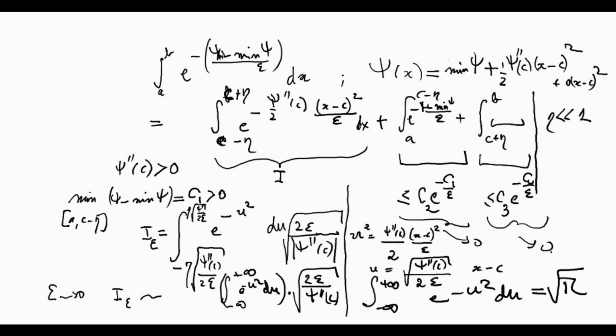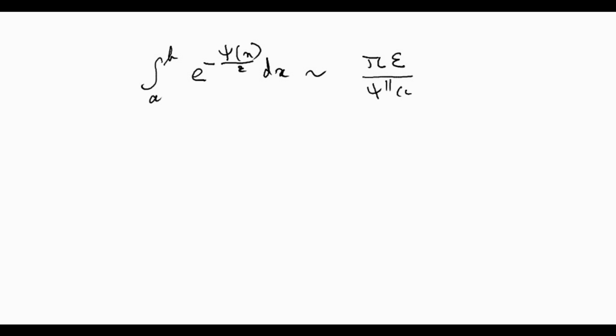Okay, so now we have just shown, in summary, that the integral from a to b of exponential minus psi of x divided by epsilon dx behaves like pi epsilon divided by psi second of c square root as epsilon goes to 0.